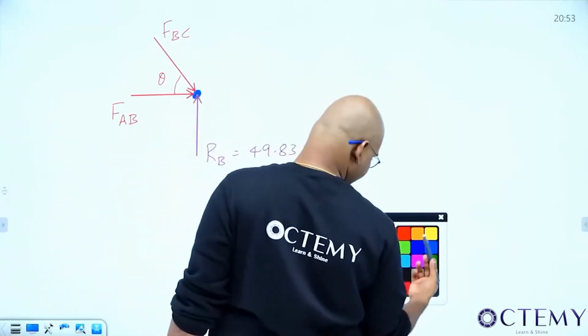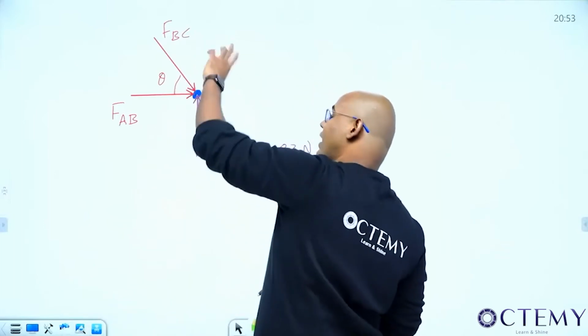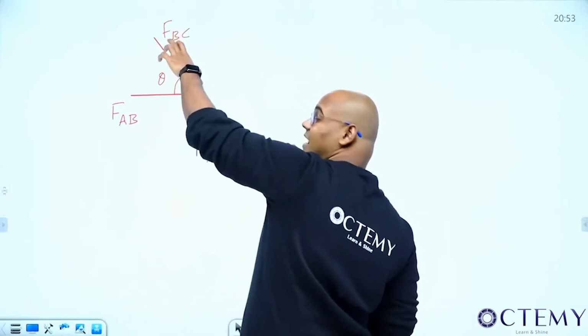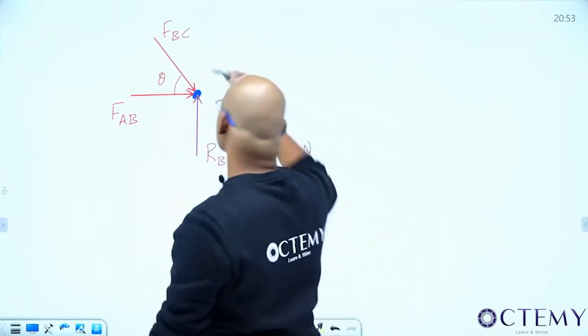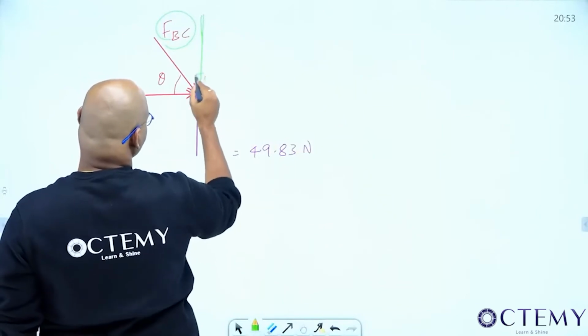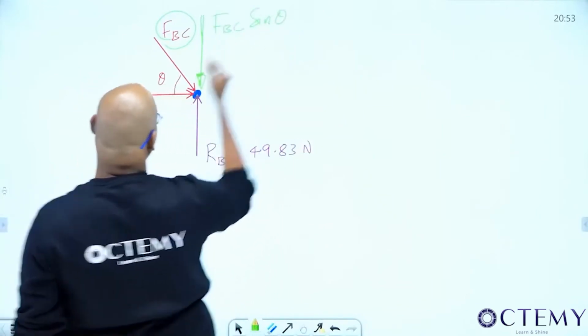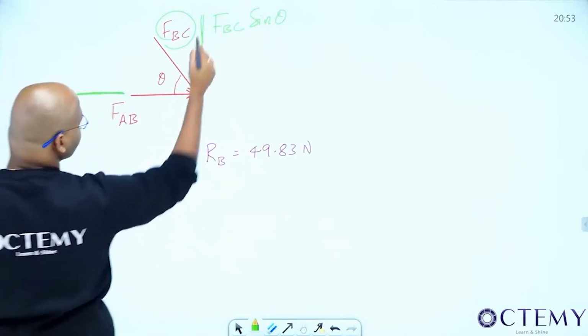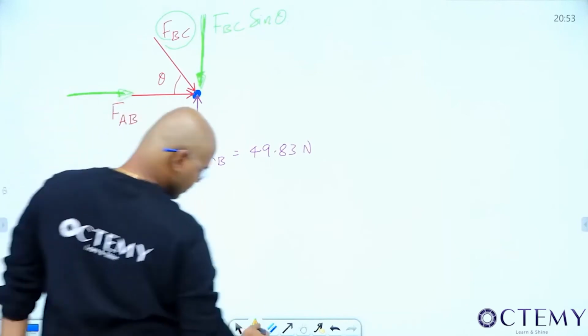What is that option? So first resolve. Previously, what's the option I have? I want the components. I want FBC, I think, right? That's the one. So I have taken this component and equated it. But now AB. So what to do? First resolve this. If I resolve, this is FBC sin theta.